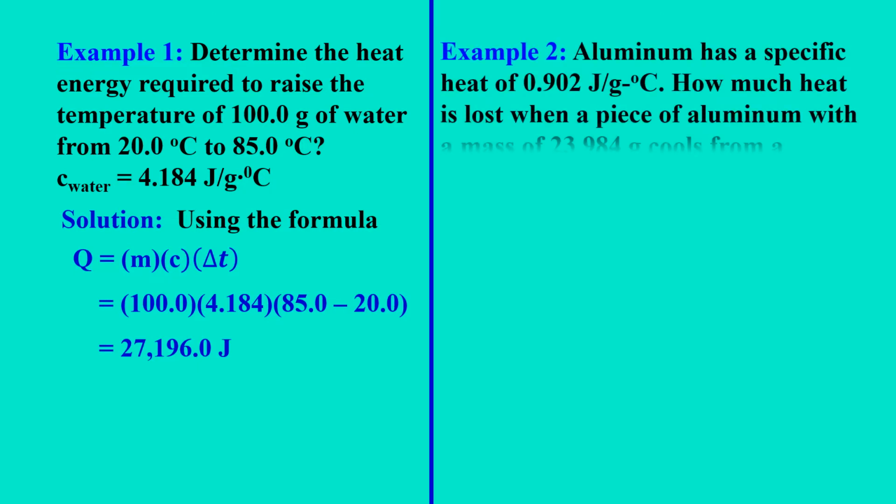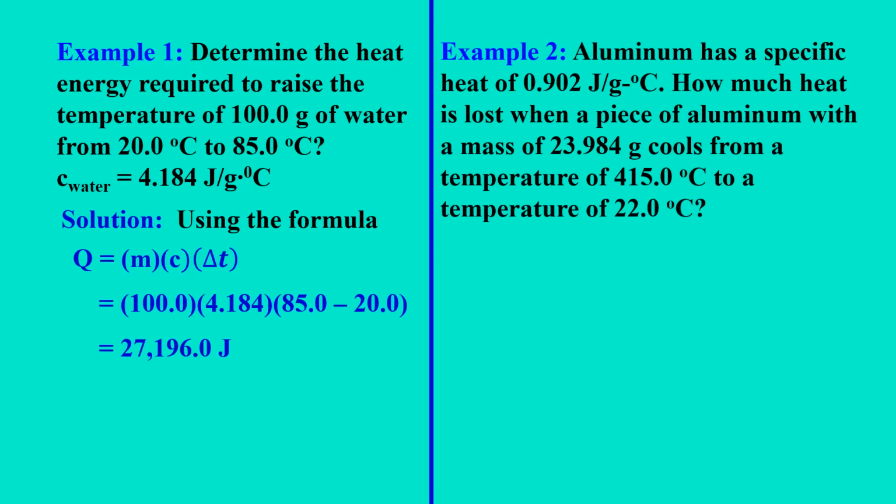Example number 2. Aluminum has a specific heat of 0.902 joules per gram per degree Celsius. How much heat is lost when a piece of aluminum with a mass of 23.984 grams cools from a temperature of 415 degrees Celsius to a temperature of 22.0 degrees Celsius? Solution.